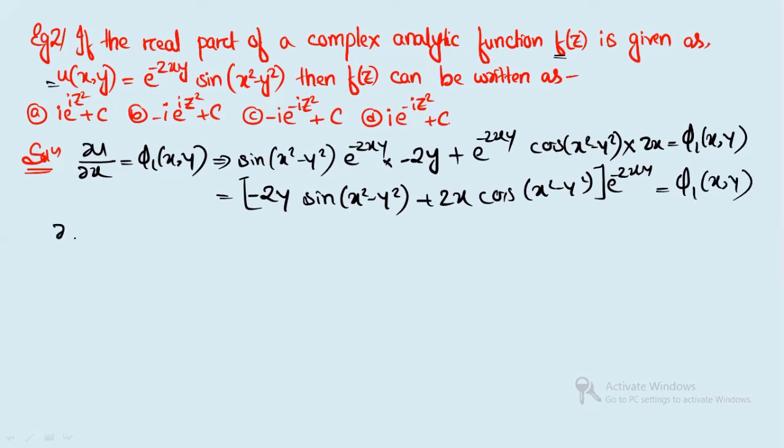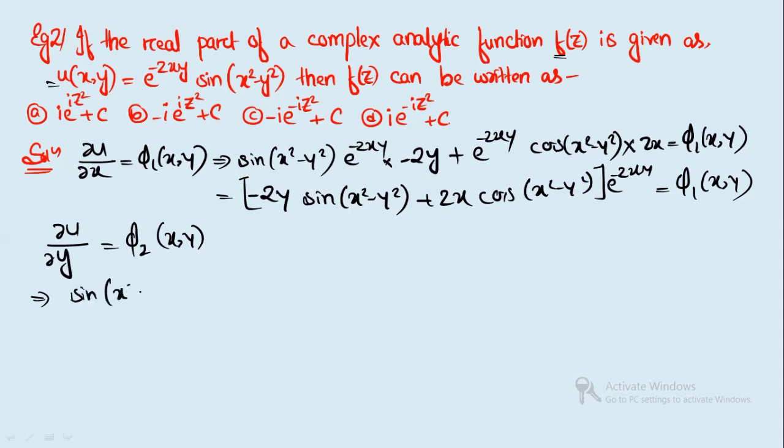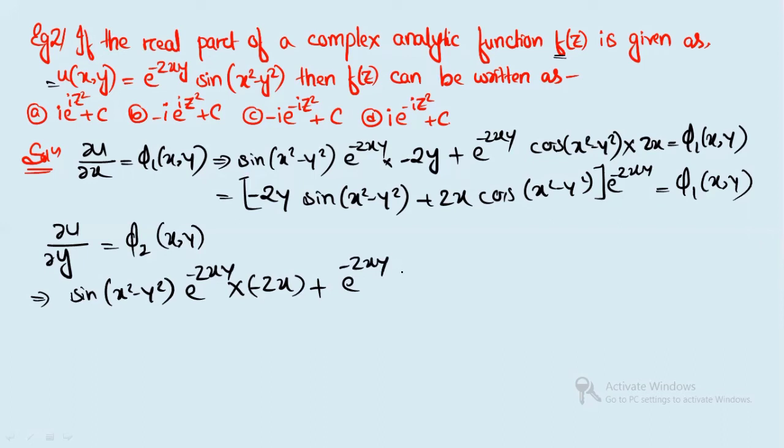Similarly, you will differentiate u with respect to y, which is equal to phi 2 of (x, y). This time you have to differentiate with respect to y. So again I'm keeping sine (x square minus y square) constant, with e to the power minus 2xy, but this time we have minus 2x. Again I'm writing plus, e to the power minus 2xy is constant, and you get cos (x square minus y square) into minus 2y, because this time we are differentiating with respect to y.